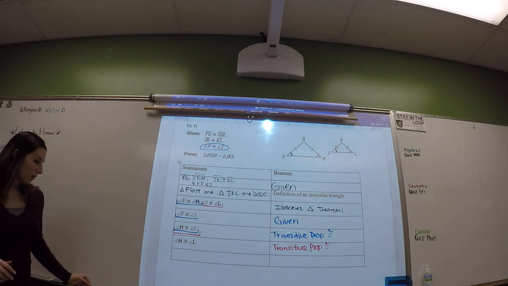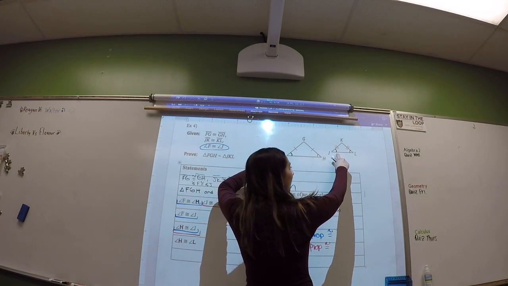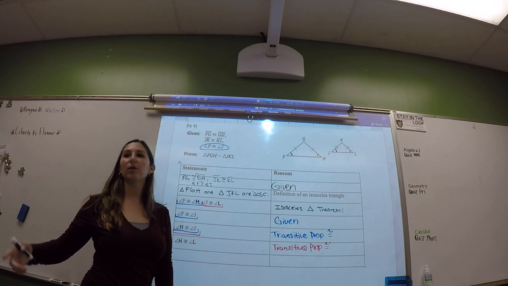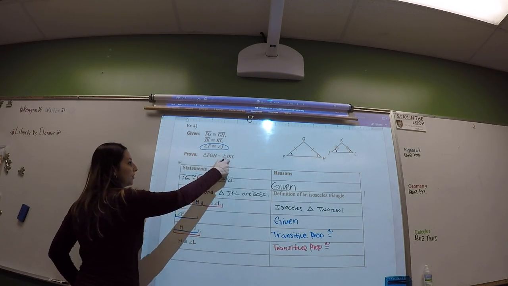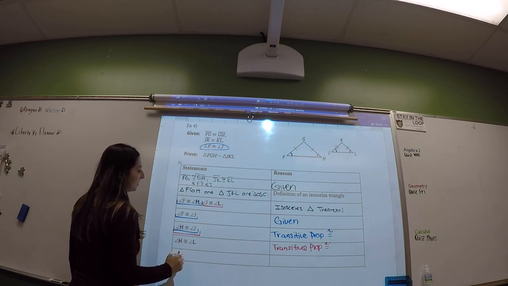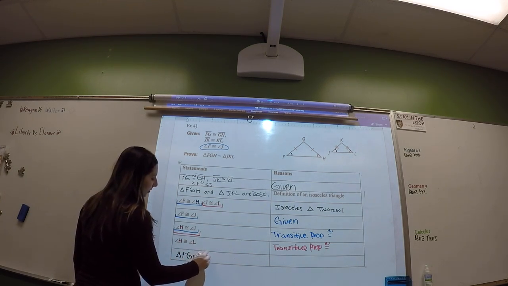Now, if we know that we have two pairs of corresponding congruent angles, then we can say that the two triangles are similar by what? By AA similar.